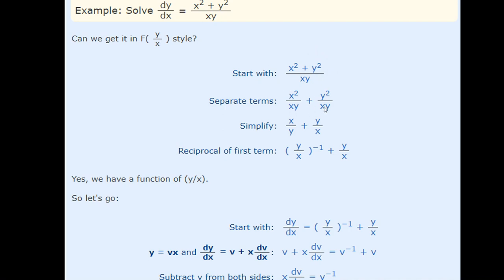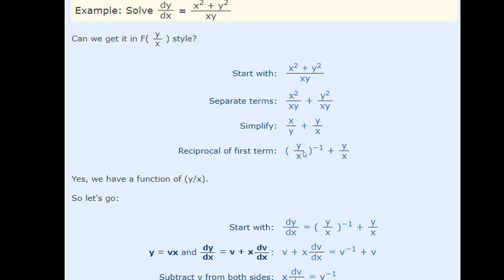Distribute the divisor. By rule of algebra, what remains in the first term is x over y, and what remains in the second term is y over x. Now, this x over y is actually the reciprocal of y over x. So in here, you have y over x. We copied y over x. And then, this is x over y.